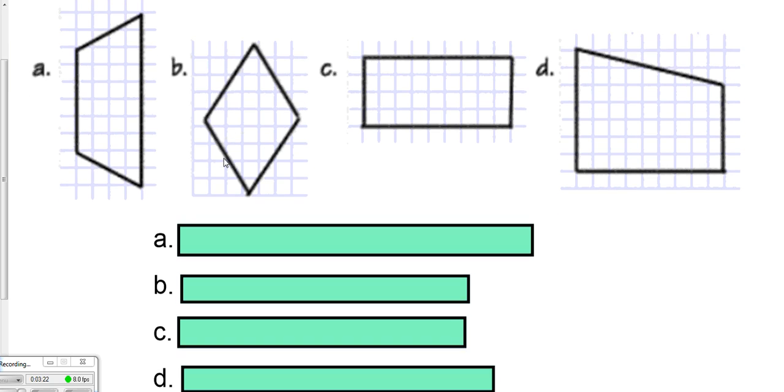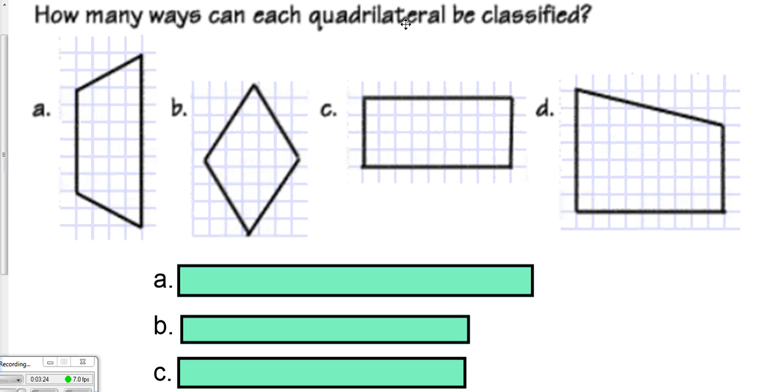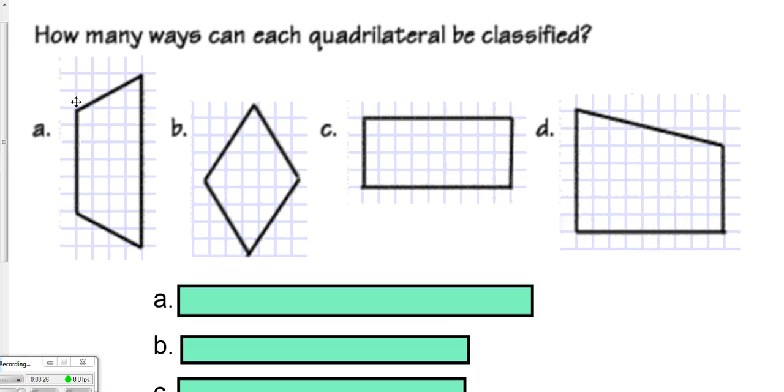So using that visual aid, how many ways can each quadrilateral be classified? This one right here, we can see, since it's on the grid paper, that this one is straight up and down and this is straight up and down. So this is going to be parallel. Going from this point to this point, we're going down 2 over 1, 2, 3, 4.